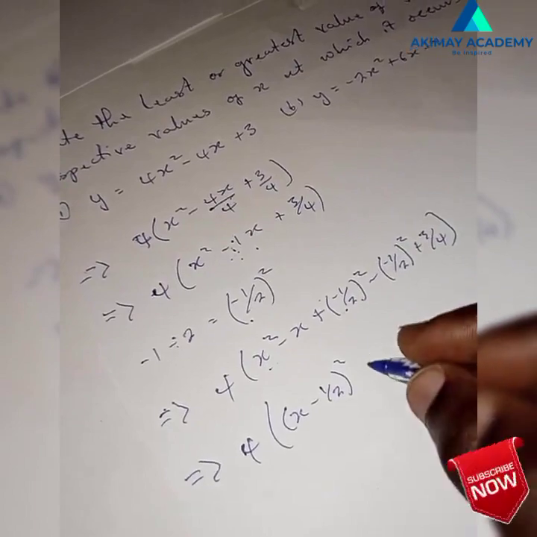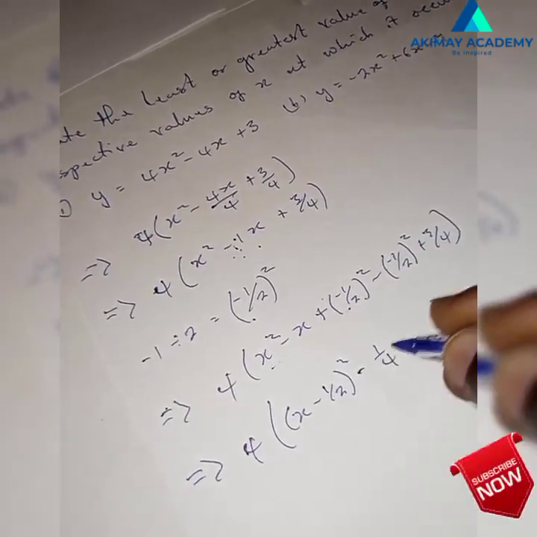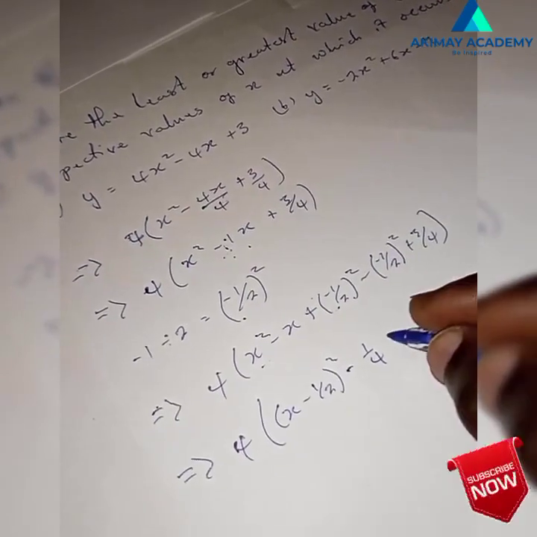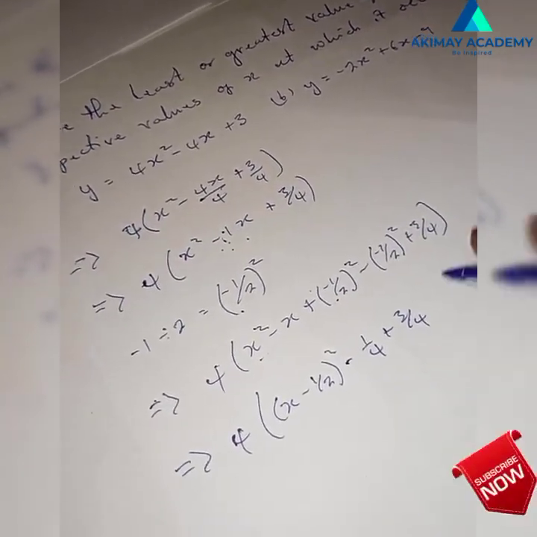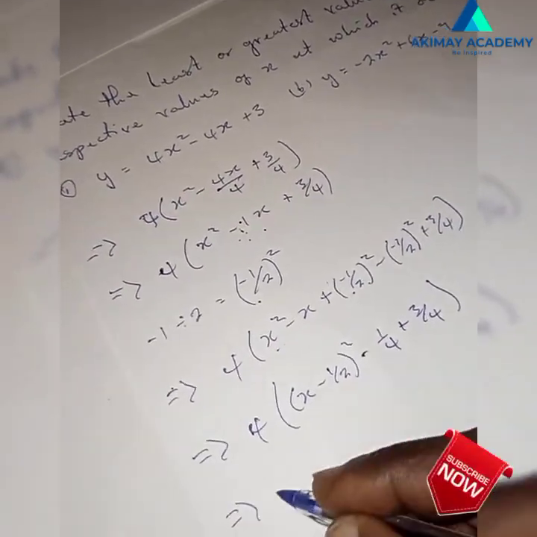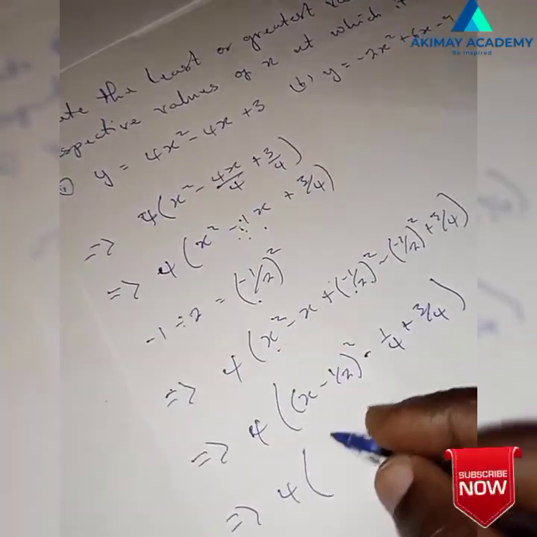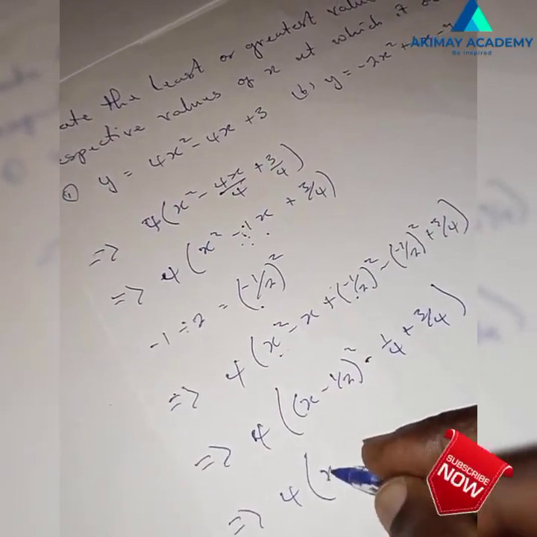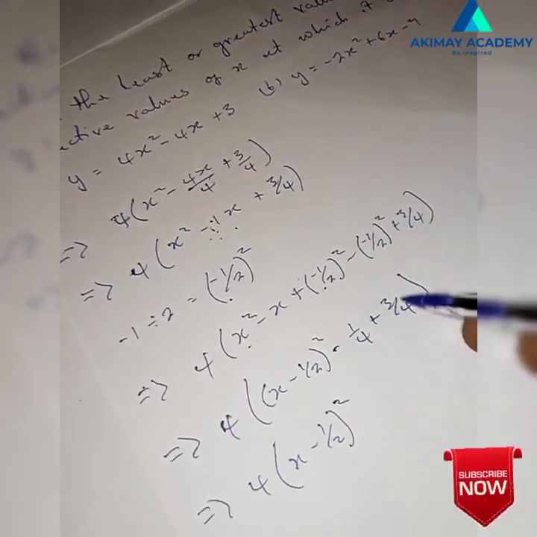So we have minus 1 out of 4 for this expression, plus 3 out of 4. So we have x minus 1 out of 2 all squared. Then we can simplify this fraction here.